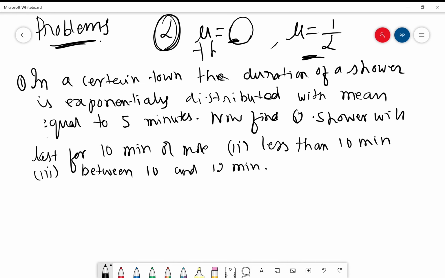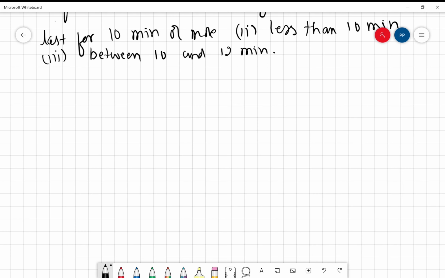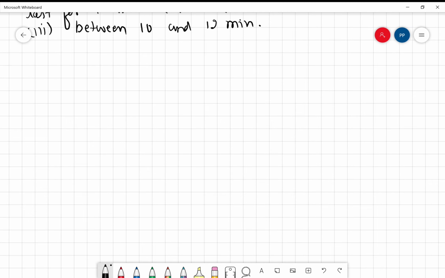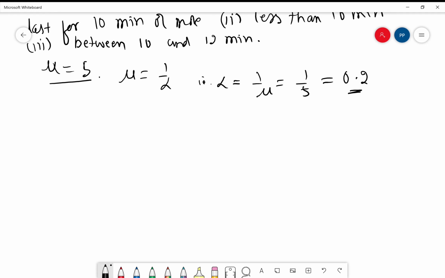Okay. Now, the problem is very simple and straightforward. It is clearly mentioned that this variable, which is the duration of a shower, is exponentially distributed. Now, it's given that the mean is 5 minutes, that is, mu equals 5. Now we know that mu equals 1 by alpha. That is, alpha equals 1 by mu, which equals 1 by 5, which equals 0.2, or we can take 1 by 5.